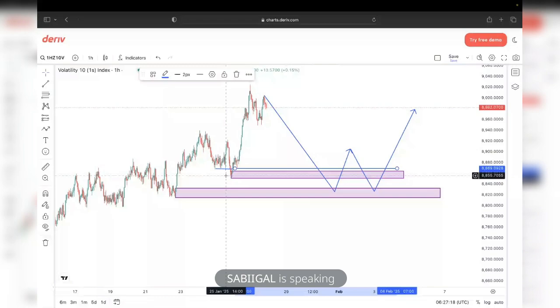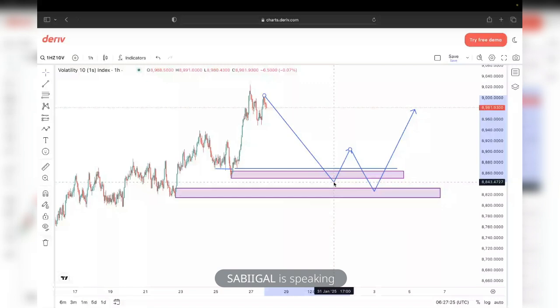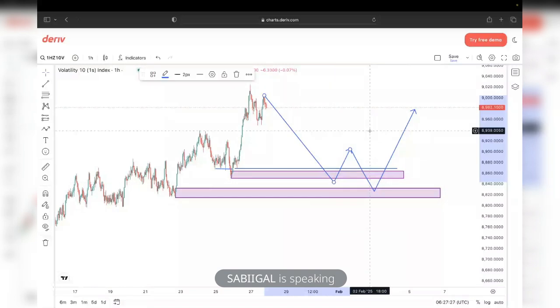So price just takes it out because it's a point that looks like a good place for buys. Any obvious point that looks good for buys can be used as a trap.